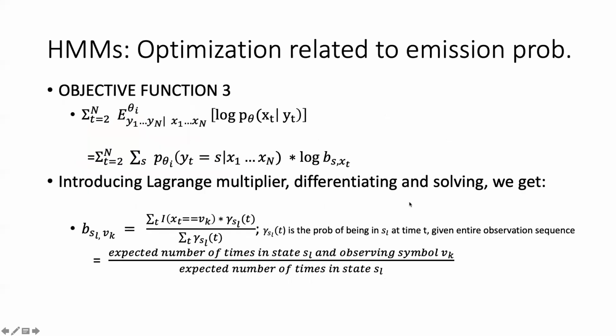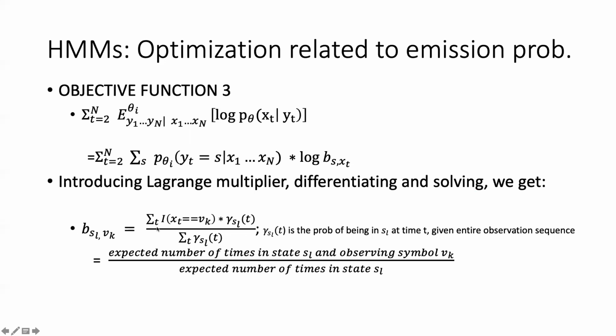Similarly, we can estimate the emission probabilities by solving objective function 3. We can estimate the emission probabilities in terms of gamma, and I here indicates the indicator function, which takes 1 when the observation xt equals vk, where gamma SL of t is the probability of being in state SL at time t given the entire observation sequence.